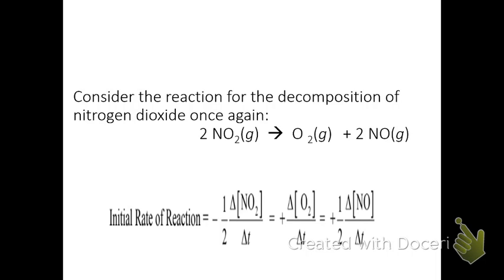The NO2, and you're going to use your coefficients, is negative. The O2 and the NO are positive. And what this is saying is that NO2 is going to disappear twice as fast as oxygen will appear. And then the rate of NO appearance will be the same rate at which the NO2 is disappearing.